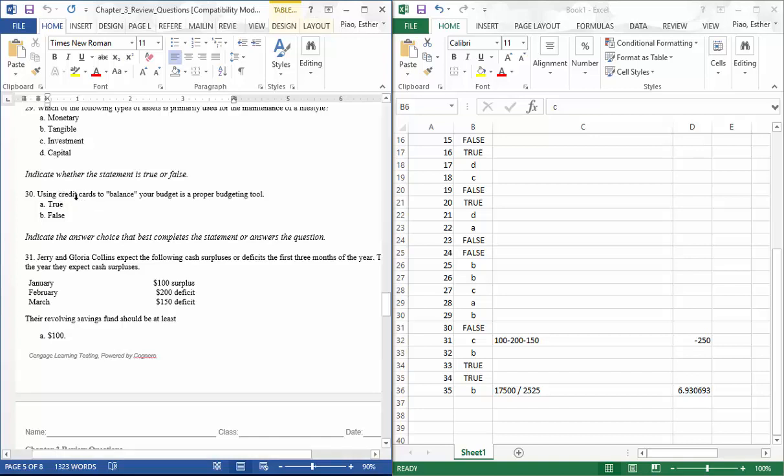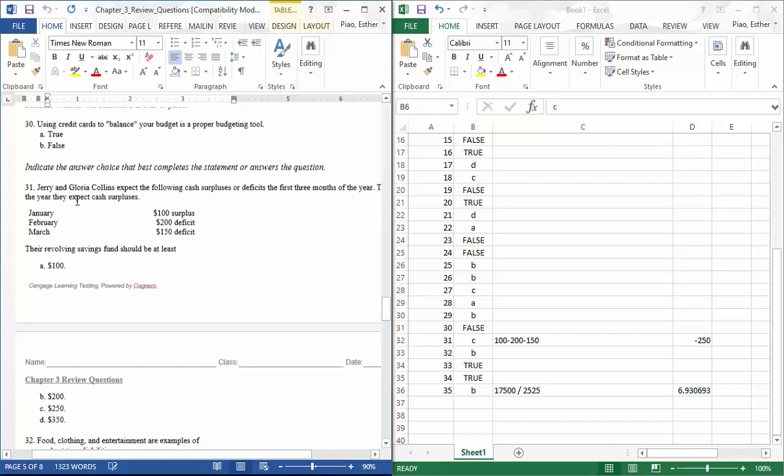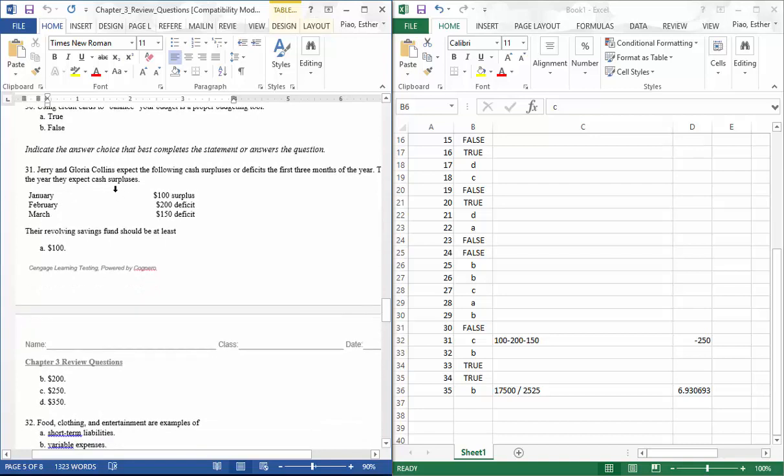Number 31, let's help Jerry and Gloria Collins expect the following cash surplus or deficit in the first 3 months of the year. They have more deficit, it appears. They have little income, a $100 surplus. In order to offset to zero, we do need this calculation right here.